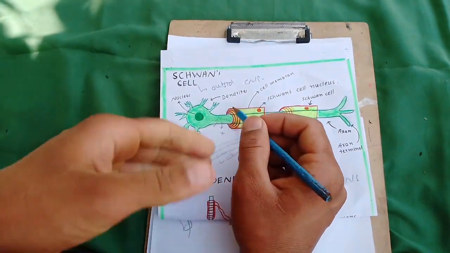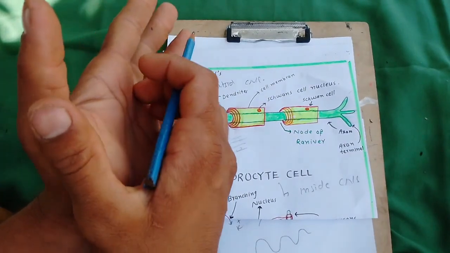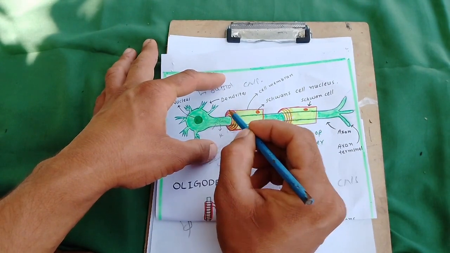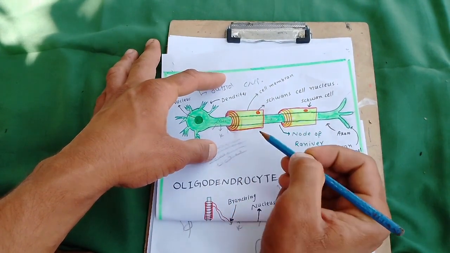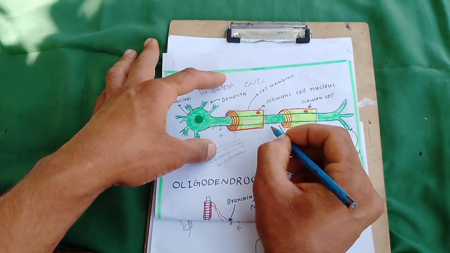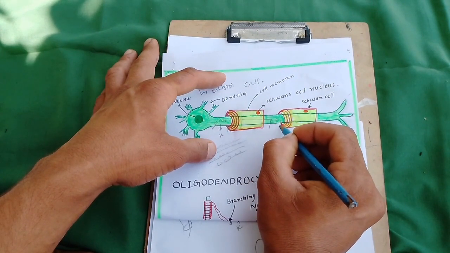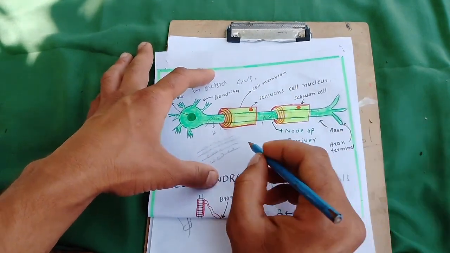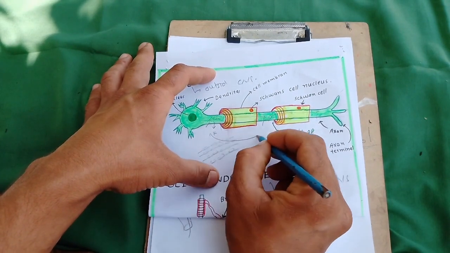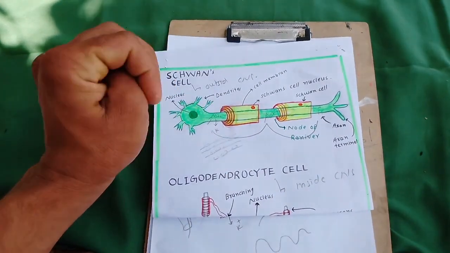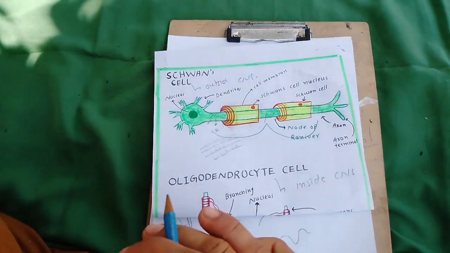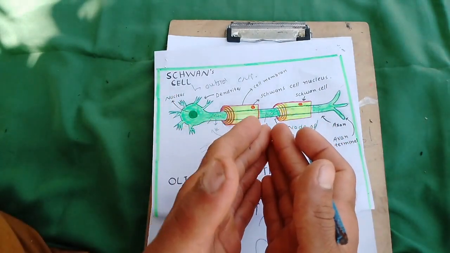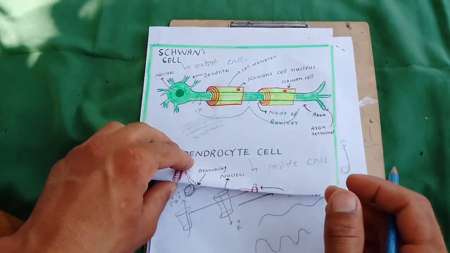But in the myelinated neuron, as you know, the impulse goes in a quick way, because the sodium go from this area to this node of Ranvier and stimulate this area, and here sodium go inward and potassium go outward, and from this area sodium go to the next area and stimulate it. So the current moves in a jumping mechanism. As you know, the myelinated neuron is for the quick transport of the impulse.